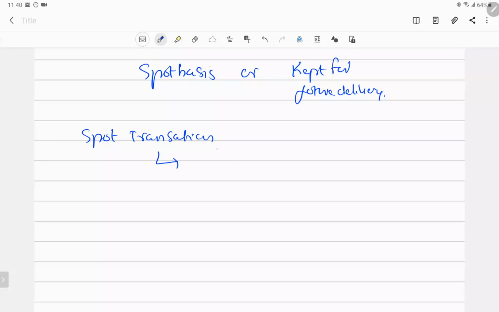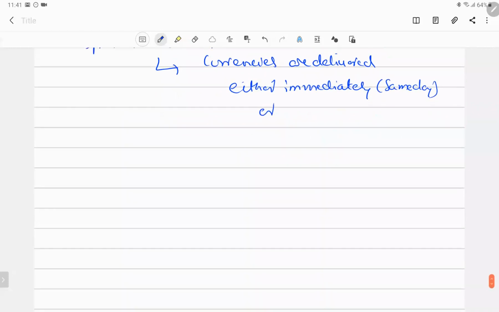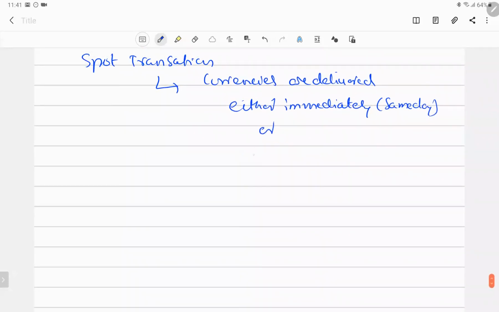So a spot transaction is nothing but the currencies are delivered either immediately, or on the same day, or within 2 days, or I can put it as T+2.